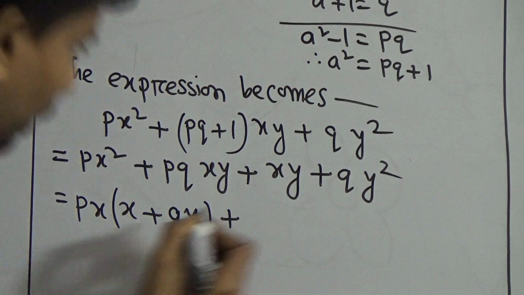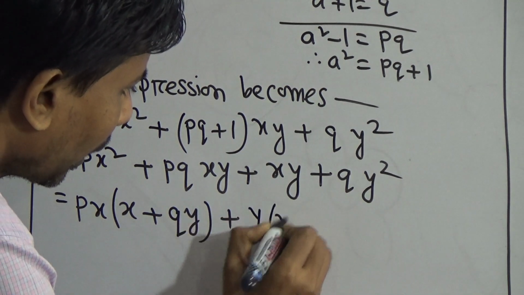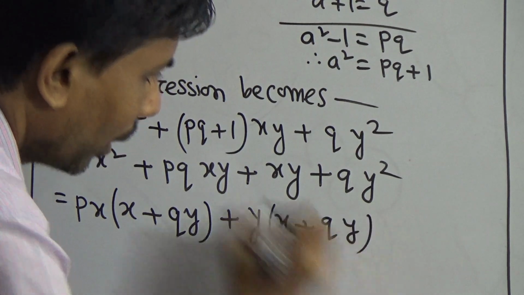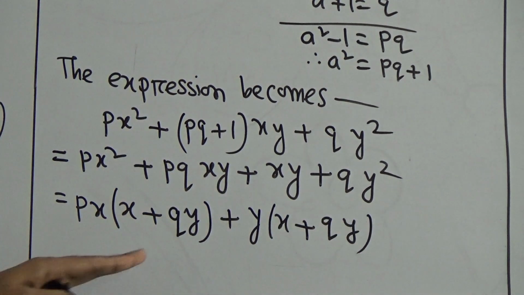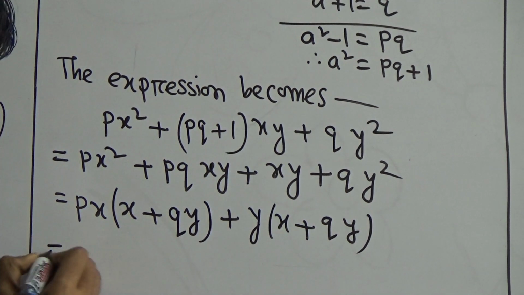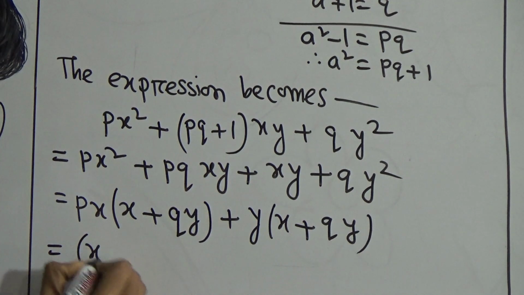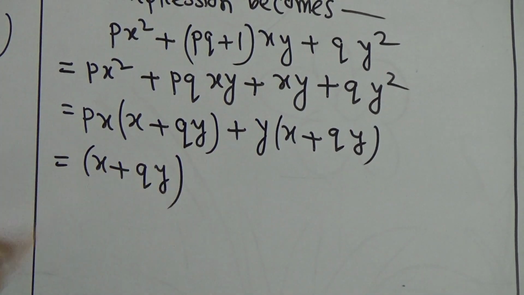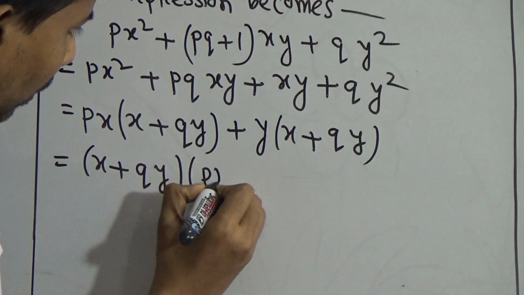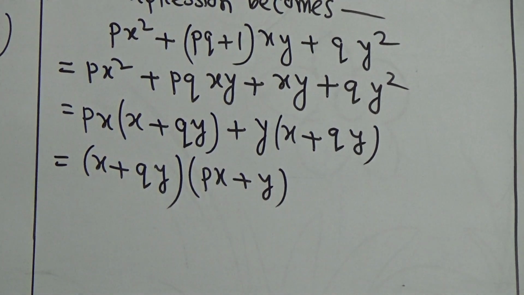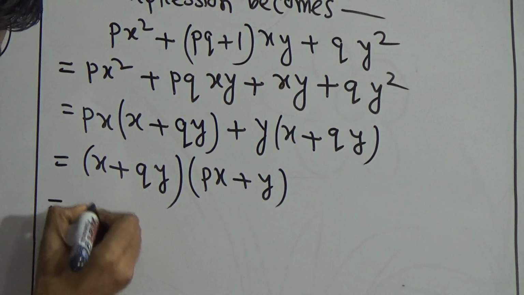Between these two expressions only y is common. So x plus qy and x plus qy are the same, so we take x plus qy common, then px plus y. Okay, now we have to put the value of q and p.